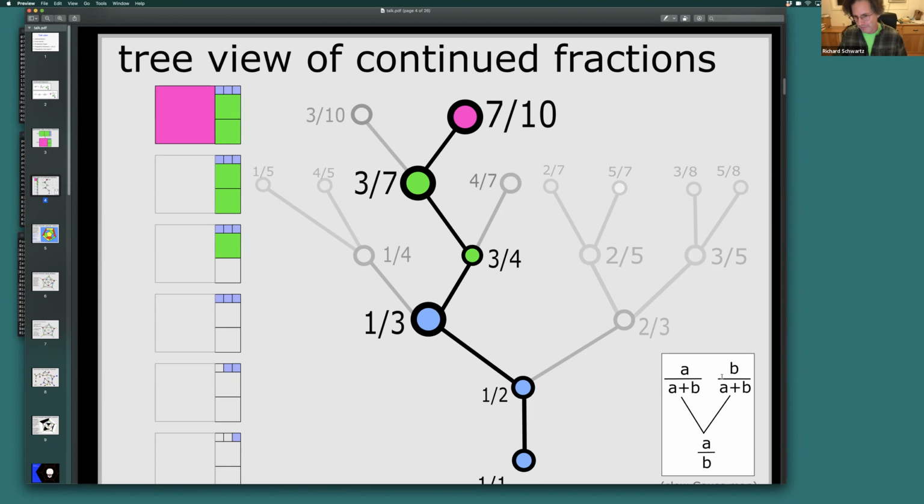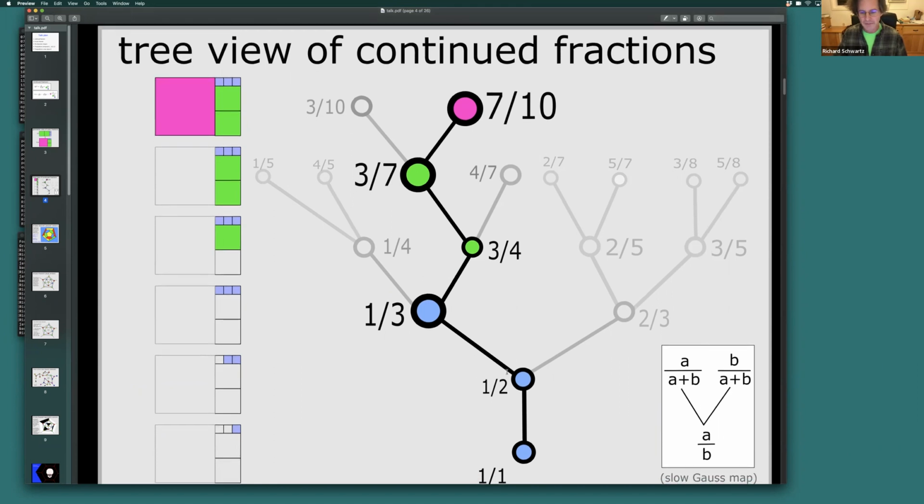Over here in the corner, I've illustrated the little rule that shows you how the tree is constructed. You can start with any fraction. You can just flow down to 1 over 1. And this is another view of continued fractions. It's this map that takes you down one step, called the slow Gauss map.